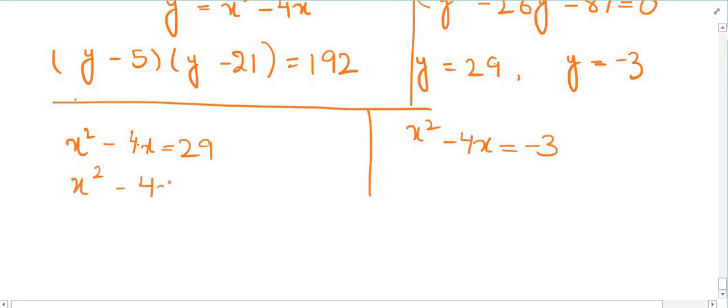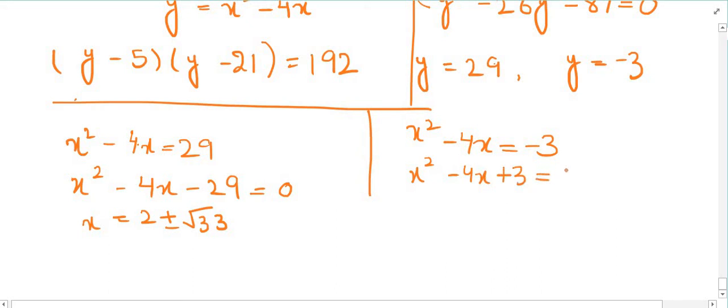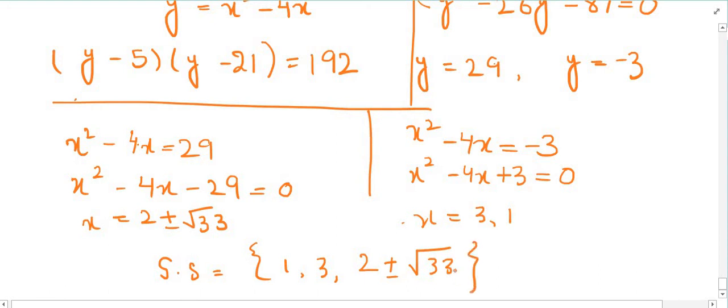Convert this into standard form. Apply the quadratic formula. You will get x = 2 ± √33, and from x² - 4x + 3 = 0, this becomes x = 3 and 1. So the solution set is 1, 3, 2 ± √33. Clear?